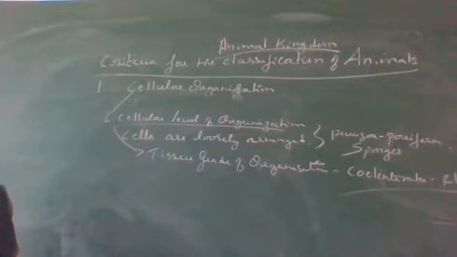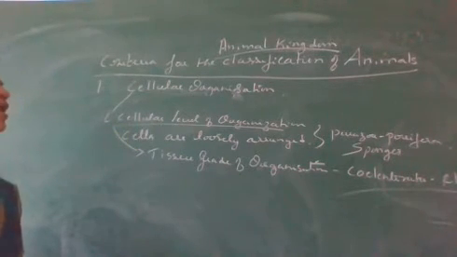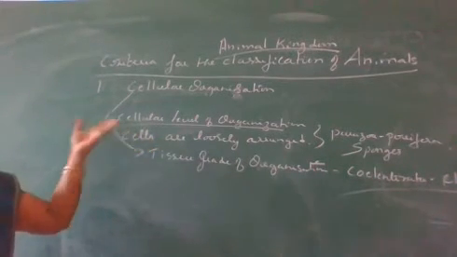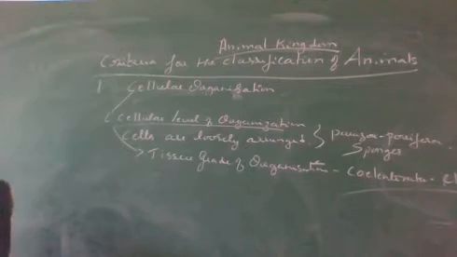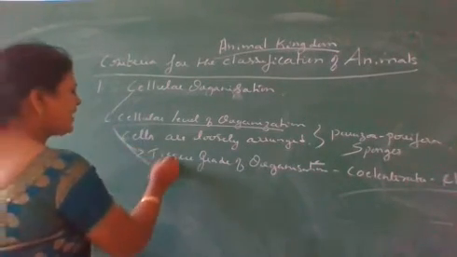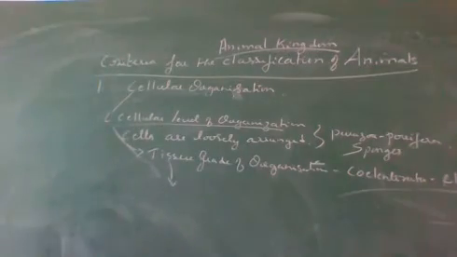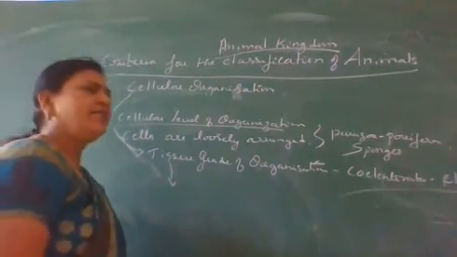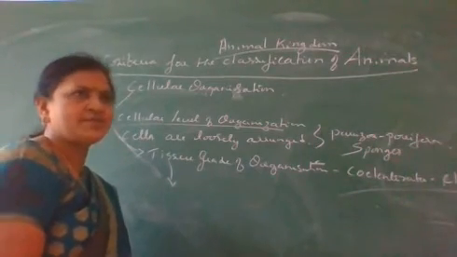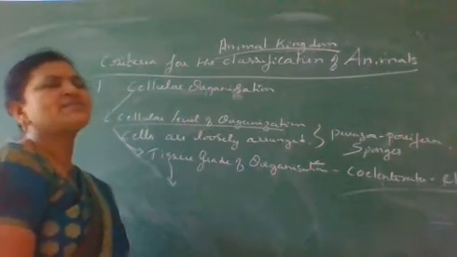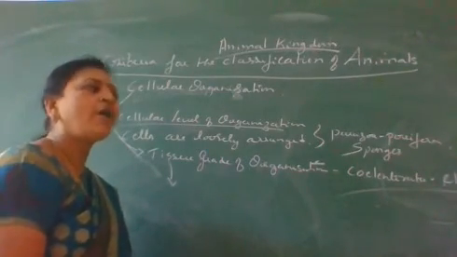But in the case of porifera or parazoa, there is only a loosely arranged cellular level of organization. Next, in the course of evolution, groups of tissues organize to form a specific structure called an organ.